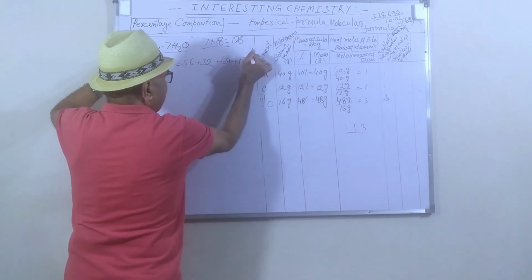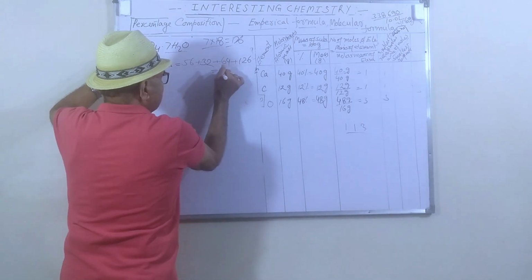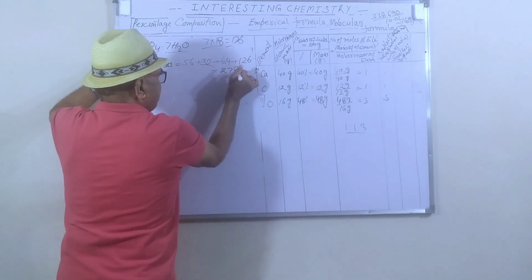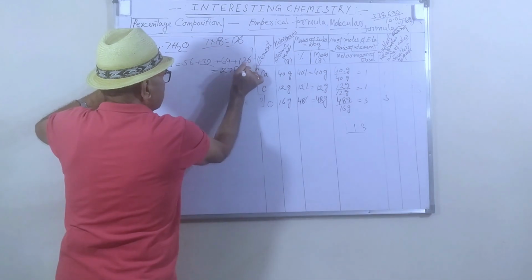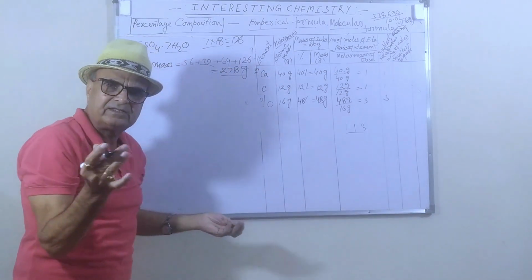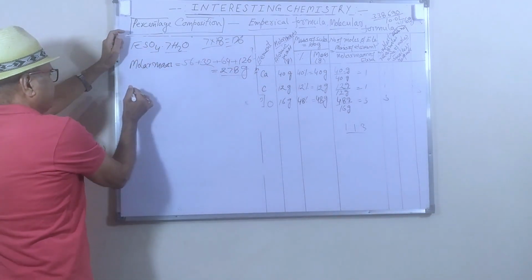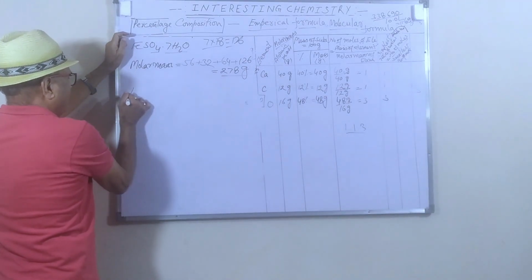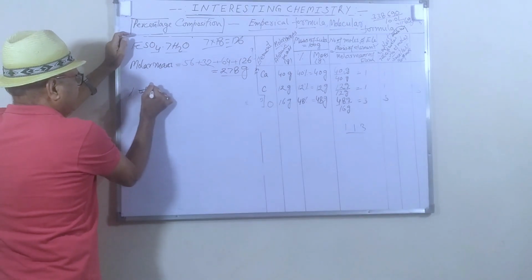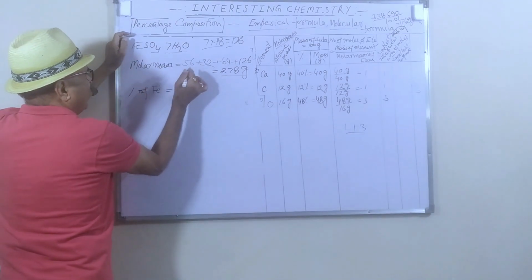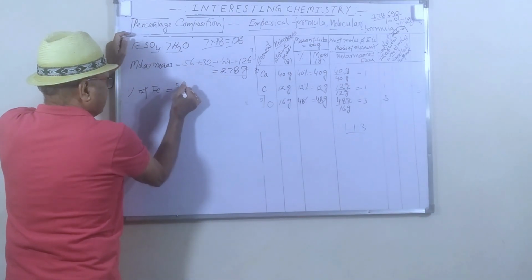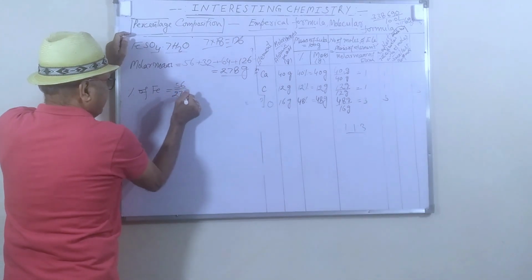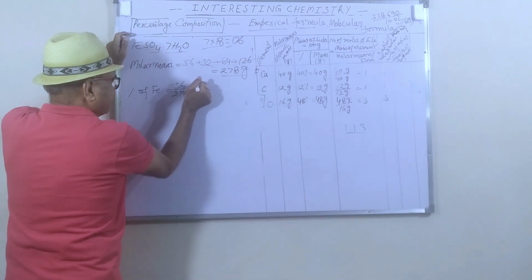You will write 126 here, and the total is 278. The molar mass value you will write here is 278 gram. So again, the percentage of Fe is equal to 56 by 278 into 100.